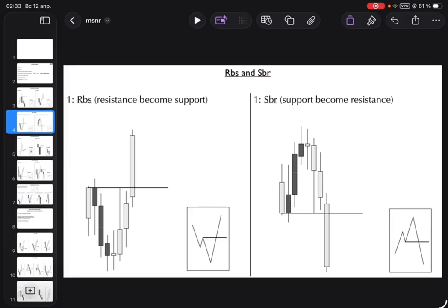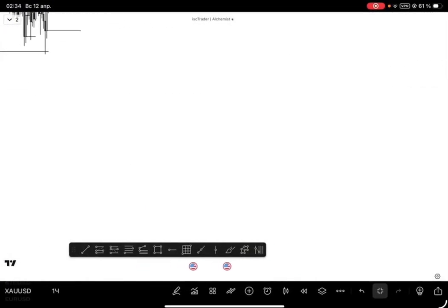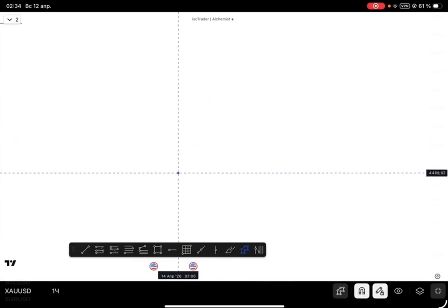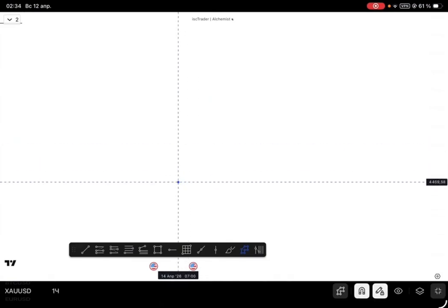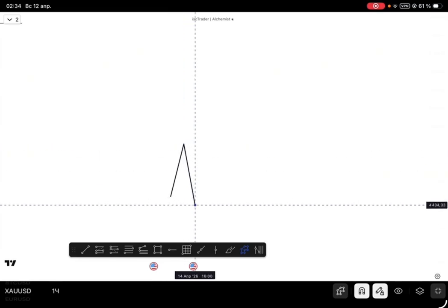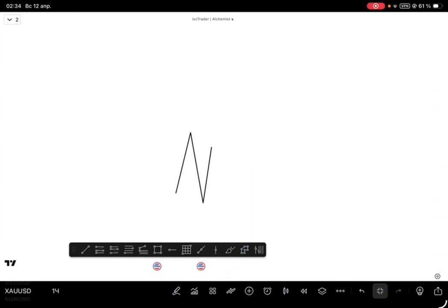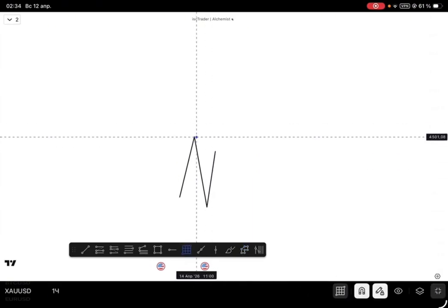Okay, RBS is resistance becomes support, and SPR is support becomes resistance. Okay, let's look at how they are formed. Resistance zone, resistance.